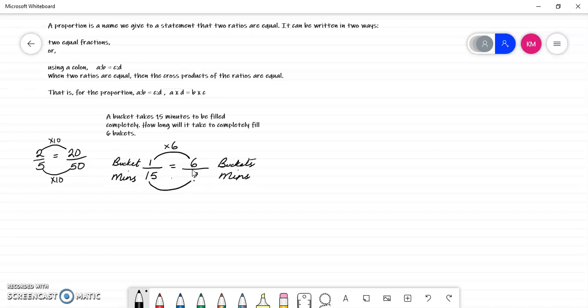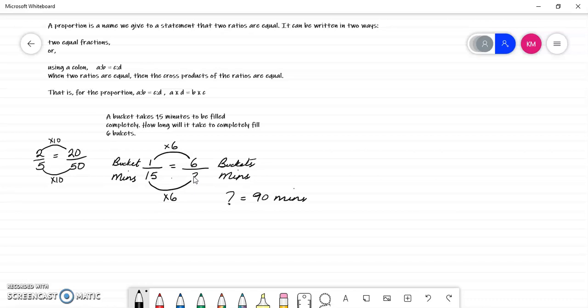And what do I have to multiply here now? Because I have multiplied by 6 at the top, I have to multiply by 6 at the bottom as well. So I multiply by 6 and I'm going to get 5 times 6 is 30, 1 times 6 is 6, so that's 90. So that question mark there is actually equal to 90 minutes.